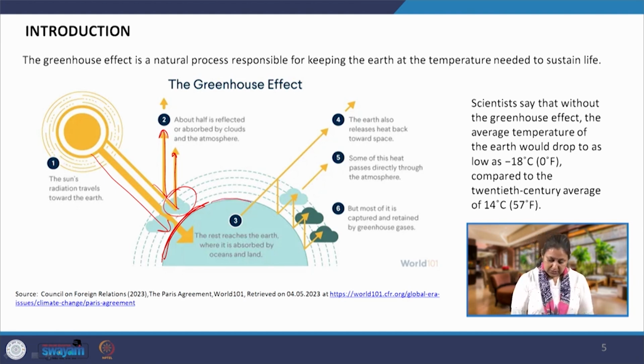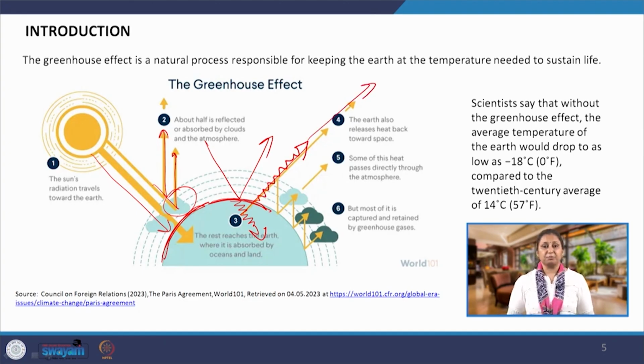Now, the radiation that has reached the surface will also be reflected back, in part, and some part of it will be absorbed by the surface, and after that it will be re-radiated back. When it is re-radiated back, some of it will escape to the outer space, while the rest of it will be absorbed by clouds and gases, so by the atmosphere, and this phenomenon is known as the greenhouse effect.